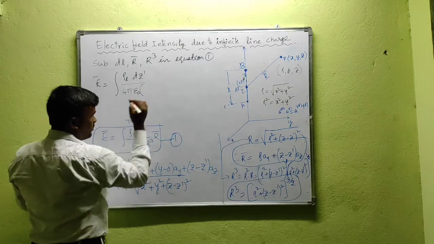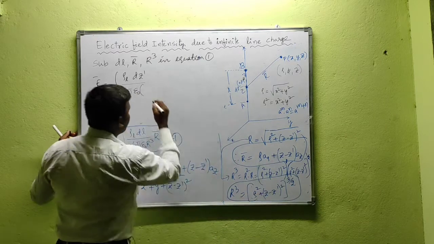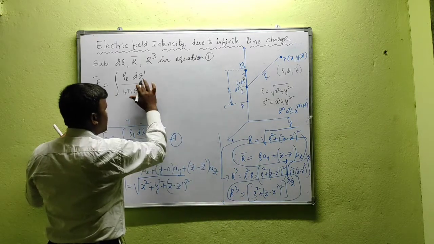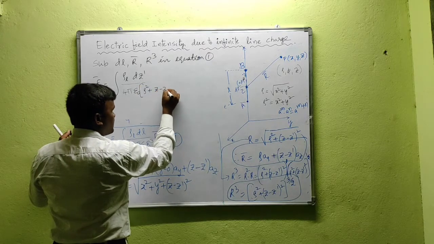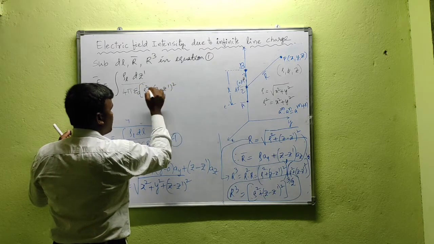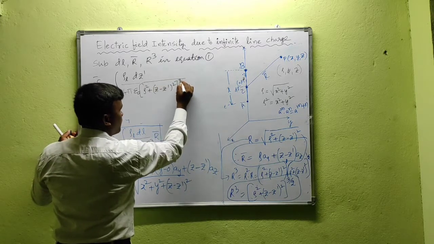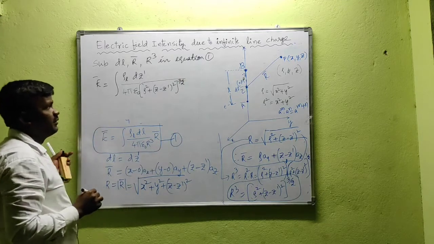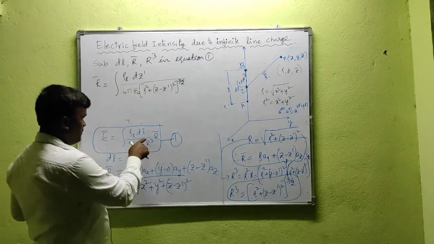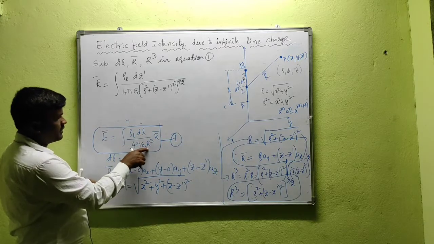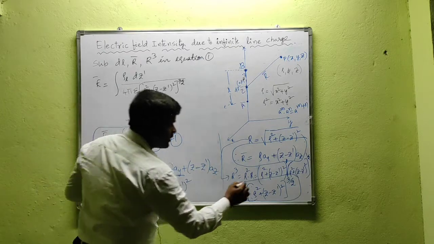r cube. What about r cube? R cube is this value, rho square plus z minus z dash whole square, whole power 3 by 2, into rho L. dl is over, 4 pi epsilon naught is over, r cube is also over. We have r bar.